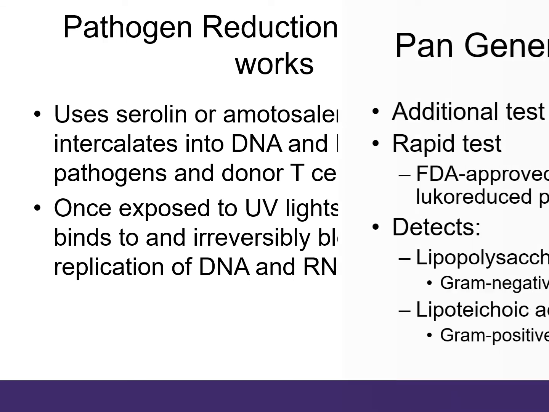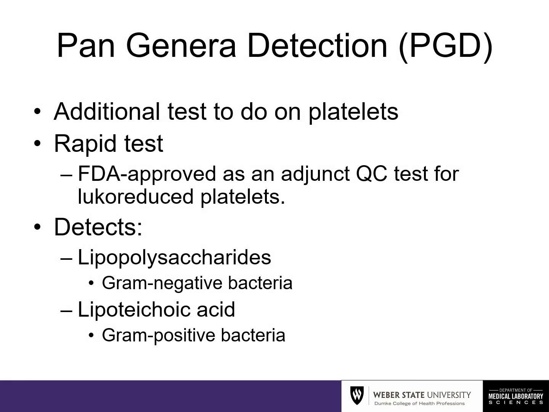So, we're going to go on to pan-genera detection. This detection is also used on platelets. It's another test that we use for platelets. It's also known as a rapid test. It has been FDA approved as an adjunct QC test for leukoreduced platelets. It detects the lipopolysaccharides in gram-negative bacteria and the lipoteichoic acid in gram-positive bacteria.